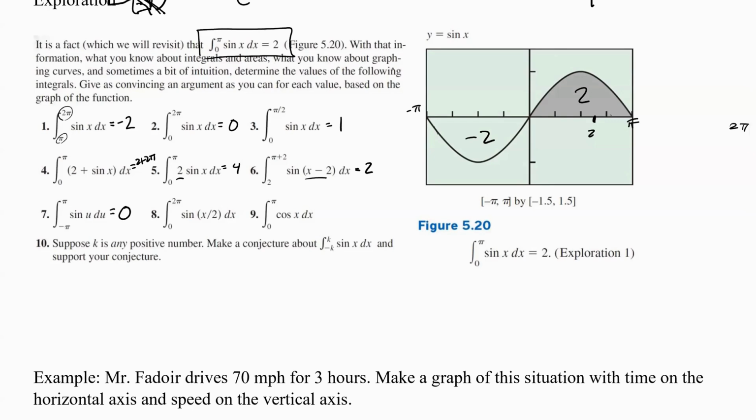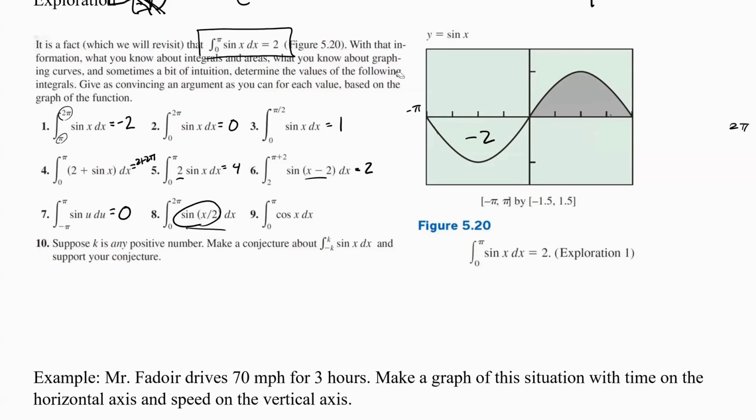All right. What about this one? We're going to go to 2 pi, but we're also talking about a function that's got a horizontal stretch of 2.